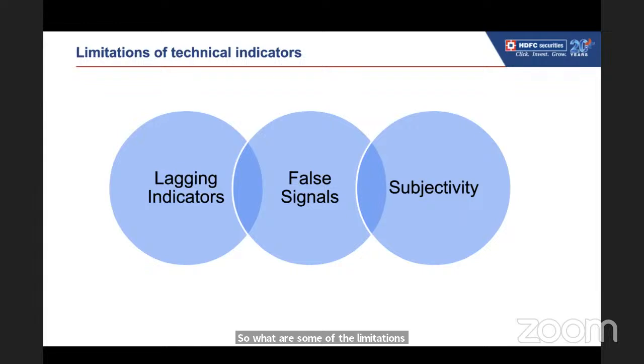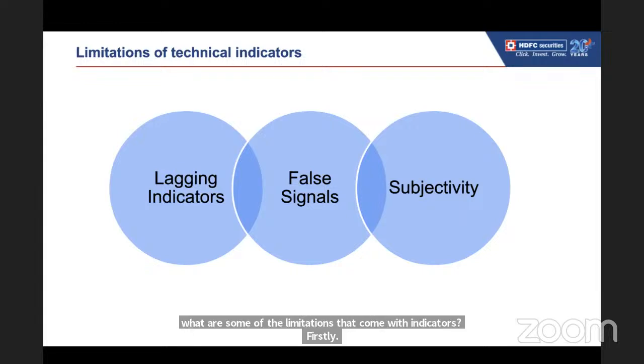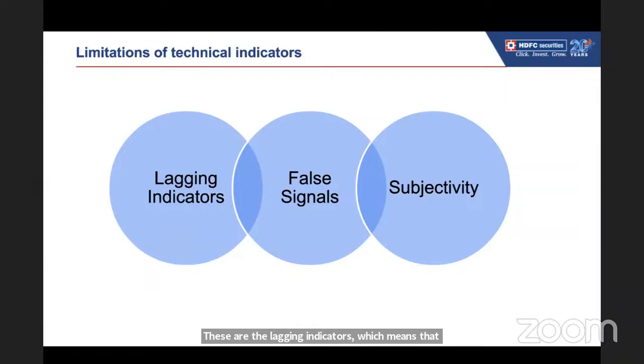First thing, these are lagging indicators, which means that as the price moves ahead, your indicators move accordingly. Okay, these indicators are lagging. Second, sometimes there can be false signals as well. Whenever there is very high volatility in the market, it's possible that indicators may give false signals.